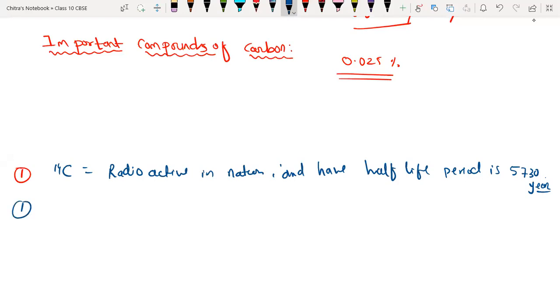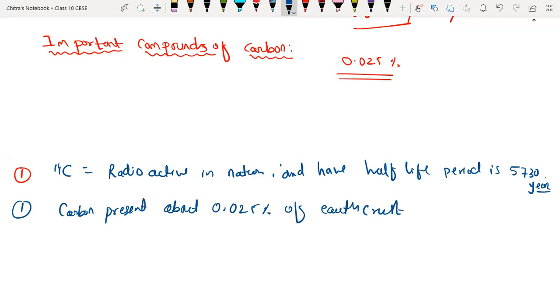Second point, carbon is present about 0.025% in the earth crust.